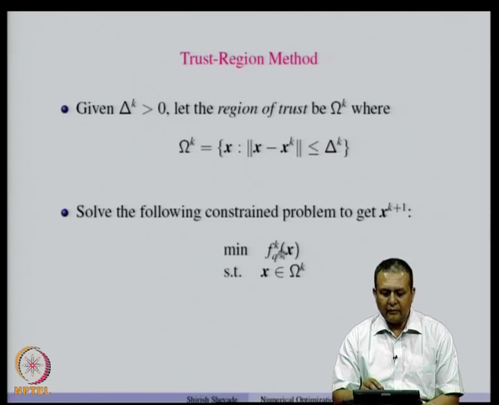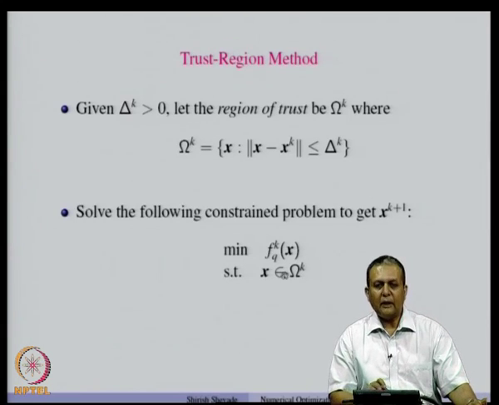Remember that this f q x is a quadratic approximation. So, the subscript q stands for the quadratic approximation and k stands for the kth iteration. So, that means that the quadratic approximation is defined around point x k. So, there is a slight change in notation here that I have used.